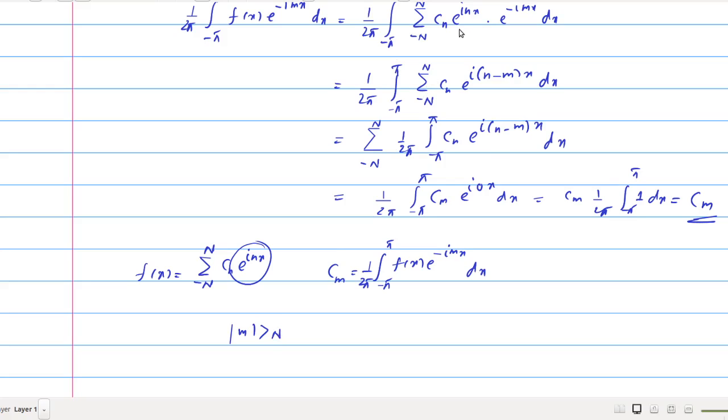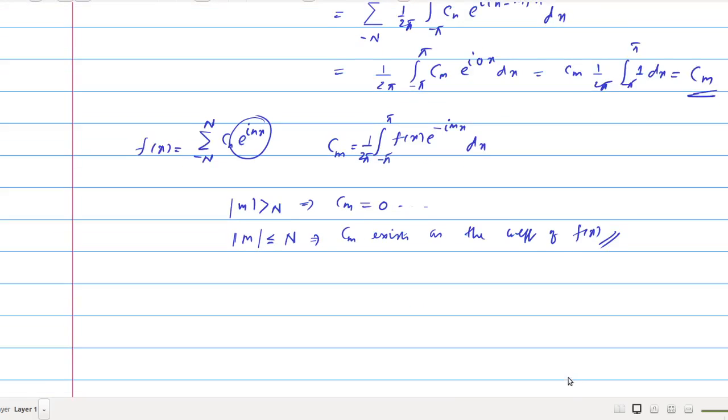Okay, so there will not be the presence of e power i n x. So in this case, for all the c m, the right hand side integral will be 0. So all those c m we have 0. Okay, and the c m will be non-zero only if mod m is less than or equal to capital N. Okay, so this c m exists as the coefficients of f of x.